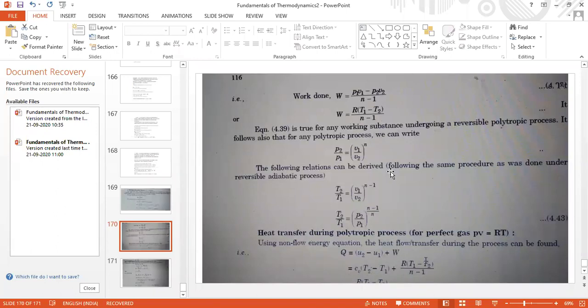And this W we take from the equation R (T1 minus T2) by (n minus 1). This is to simplify the Q equation, because here T2 by T1 is there. If we can have T2 minus T1 here also, this will be simplified. Like that, this is taken from the W equation, and later we substitute, taking T1 minus T2 outside the equation.